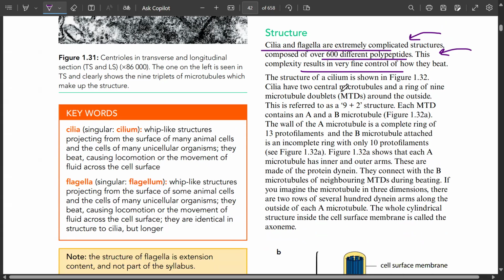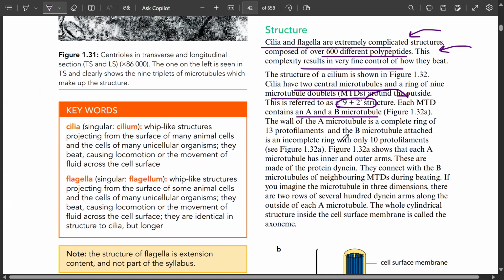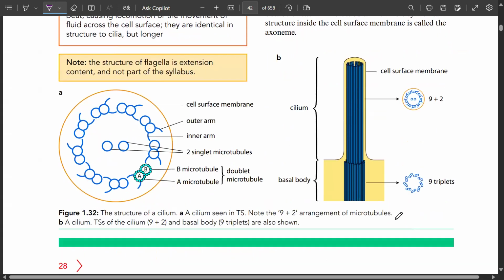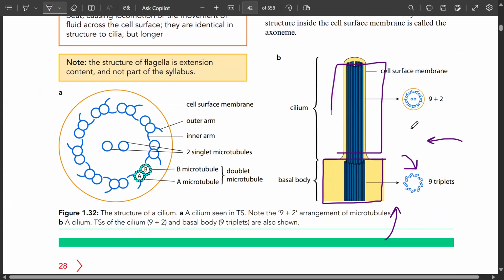Now, cilia have two central microtubules and a ring of 9 microtubule doublets around the outside. This is referred to as the 9 plus 2 structure, and each microtubule doublet contains an A and a B microtubule. Now, look at this. This is what a flagellum looks like. This flagellum contains a basal body, which contains 9 triplets of microtubules.